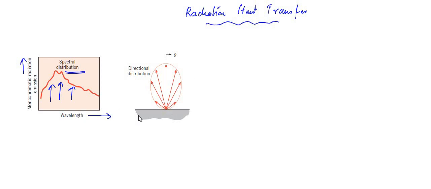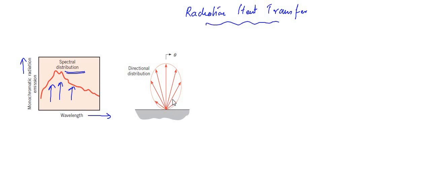So as we discussed, there are two different features on which the magnitude of the monochromatic emission or radiation depends. One is the wavelength, and the second is the direction from which it is getting emitted.